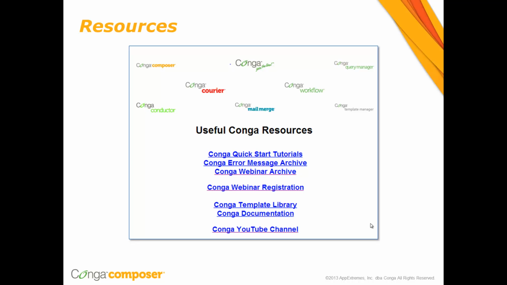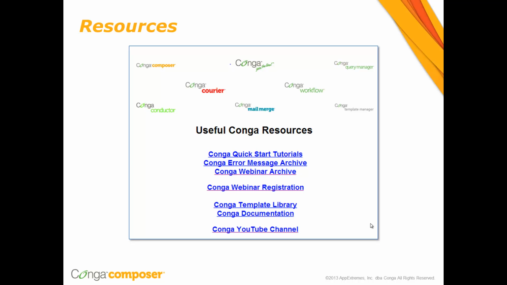We also have an error message archive, which can help you debug error messages when they occur. And we have the webinar archive, which contains all of those different webinars that I was just mentioning. We have a webinar registration link, which obviously you found if you're in this session. And we also have a template library.